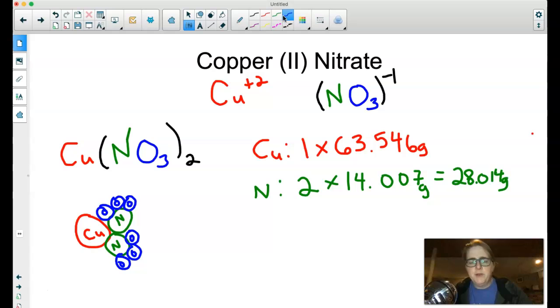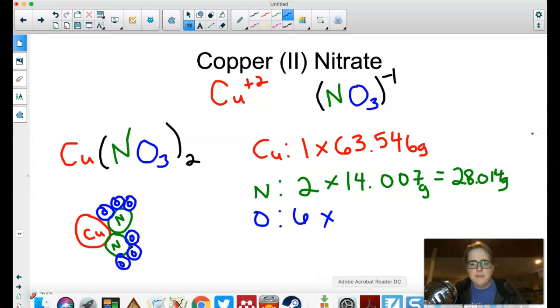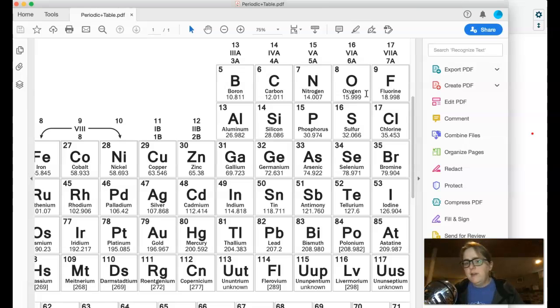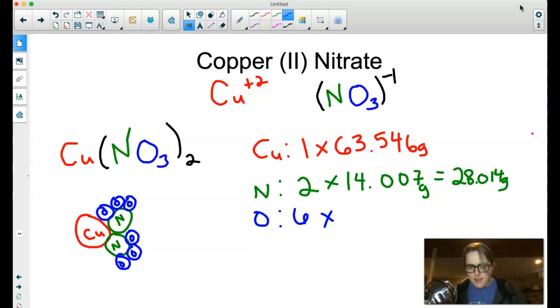And then, last but not least, I'm going to get my oxygen. So there are 6 oxygens here. I'll go back to my periodic table. Oxygen is 15.999. And so if I go back to where I'm doing my math, I have 6 times that 15.999 grams.